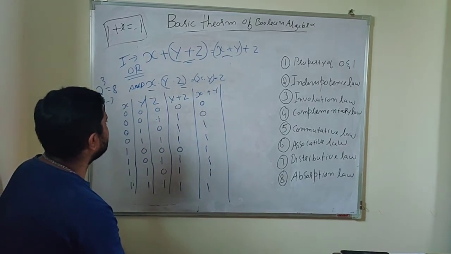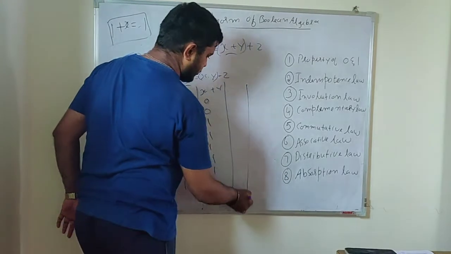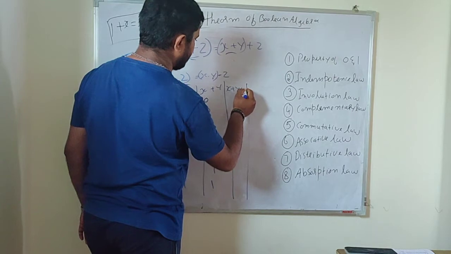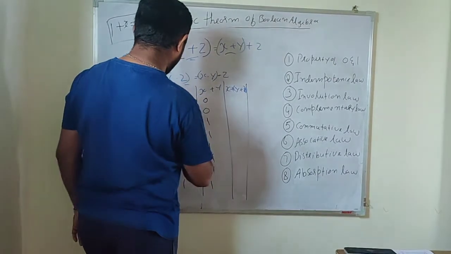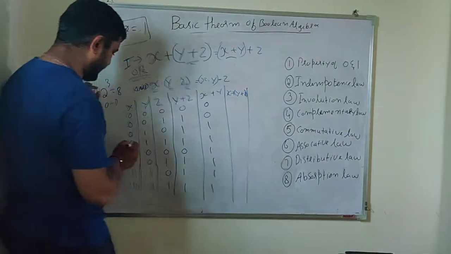Now what you should do is add. In the first column you should add x plus y plus z. For y plus z, you add the x variable.